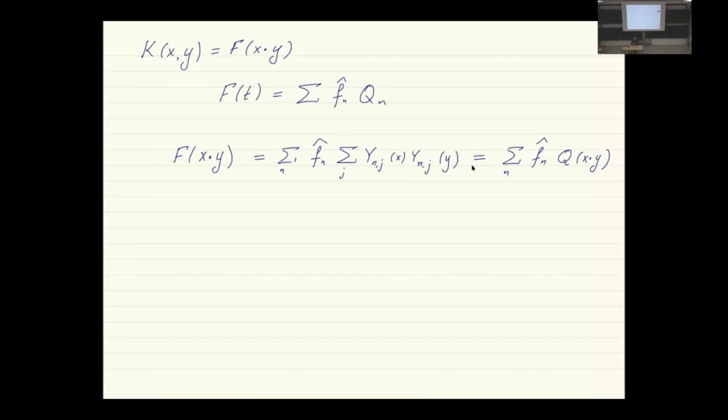Also, just for future reference, let's look at this quantity. We will need this several times. If you take any set of points on the sphere and compute this, so you compute the energy essentially with the kernel given by the Gegenbauer polynomial, you can use the addition formula.